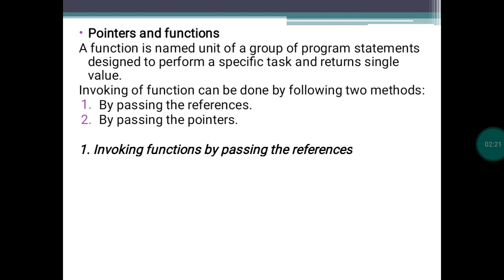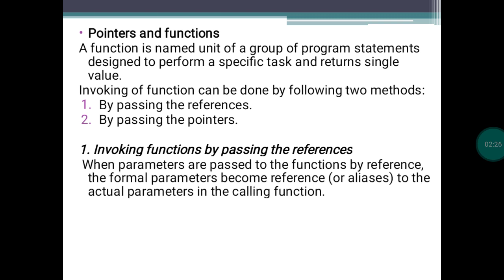Invoking a function by passing the reference. How does it happen? When parameters are passed to the function by reference, the formal parameters become references to the actual parameters in the calling function.